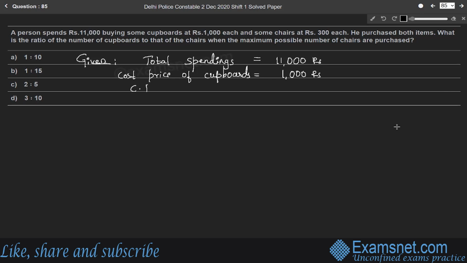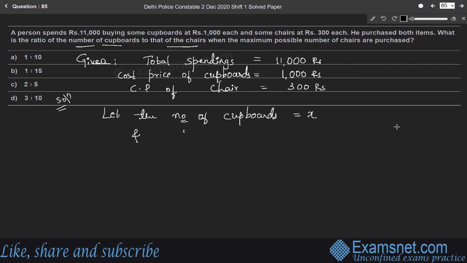And cost price of chair is equal to 300 rupees. Right. So let the number of cupboards be X and number of chairs be Y. Solution. Let the number of cupboards be X and the number of chairs be Y.